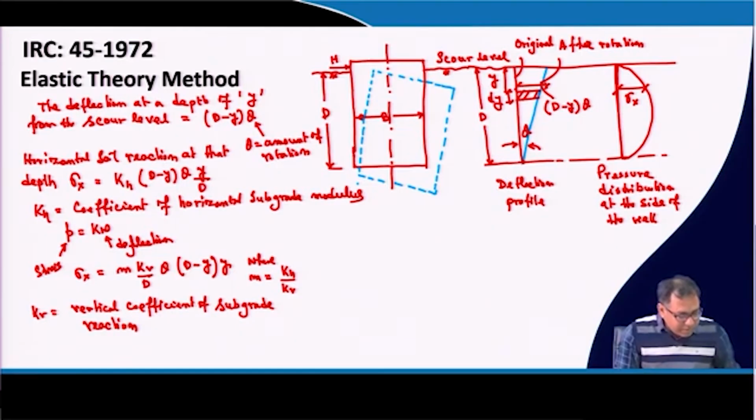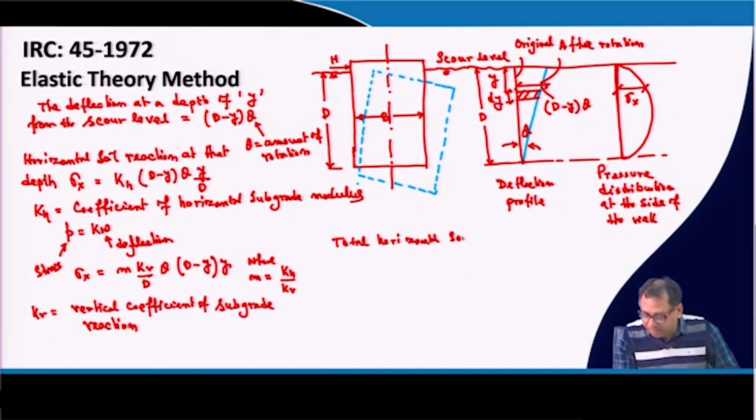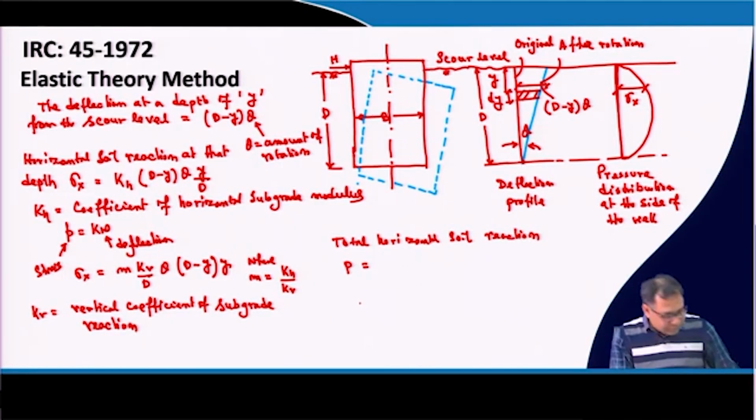Now, the total soil reaction. This sigma x is at any depth y from the scoured depth, so I can write that the total soil reaction P we have to integrate.